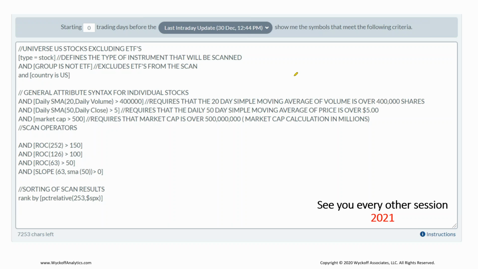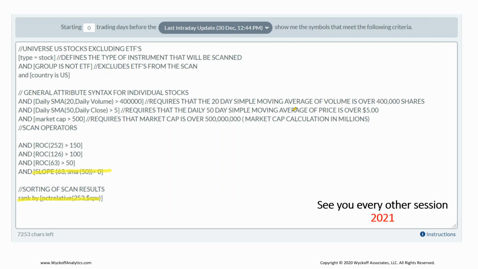This is a scan that anyone can take this syntax and drop it into StockCharts and run the scan for themselves, but we pick up a lot of concepts with rate of change, how fast do things change, over what period, the slope, a linear regression analysis on, in this case, a moving average, and we also sort by relative strength.